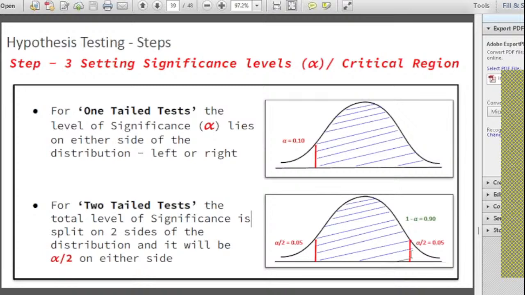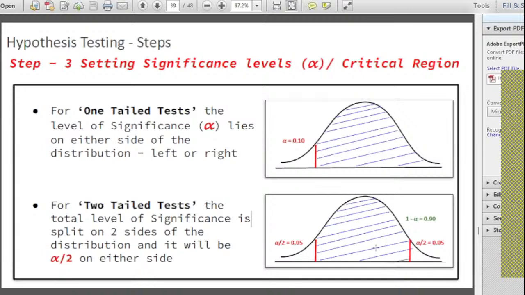I don't have any one side. I'm not preferring any one side, or putting a weight on any one side. I'm going to simply split my alpha on both the sides.